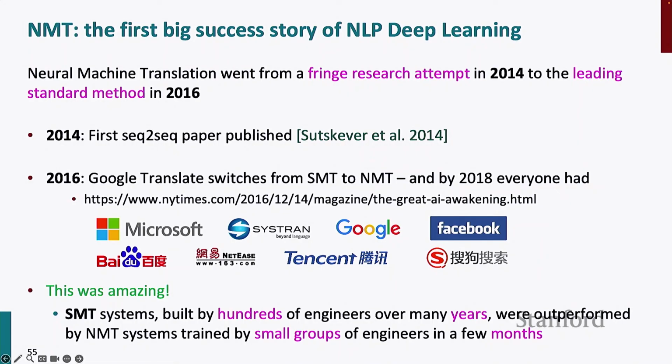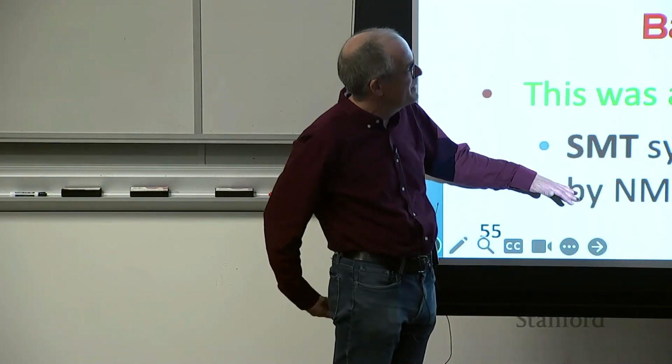And so this was an amazing success, right? Because statistical machine translation systems like the Google system, this is something that had been worked on for about a decade. Hundreds of people had worked on it. There were millions of lines of code, lots of hacks built in for particular languages and language pairs. But really a simple, small neural machine translation system was able to work much better.